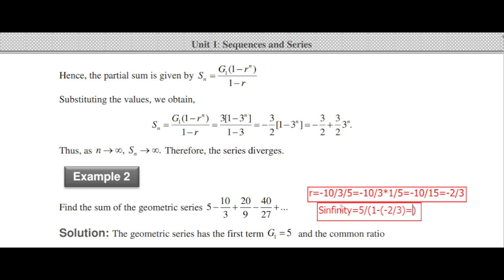which is equal to 5 over 1 plus 2 over 3, which is equal to 5 over the bracket 3 plus 2 over 3, that is 5 over 3.